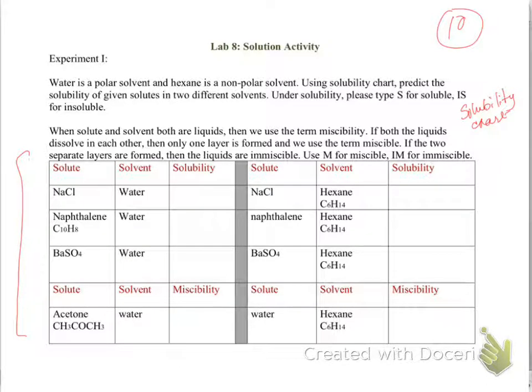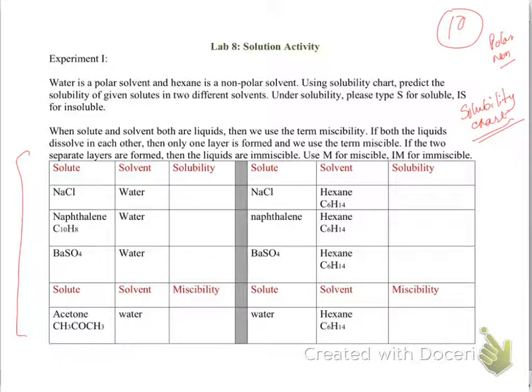If you just go straight to this video and you have no idea what a solubility chart is and you just email me, I will tell you to go watch the other videos. Your answers in this table have to be based on that solubility chart and on your knowledge of polar and non-polar compounds.